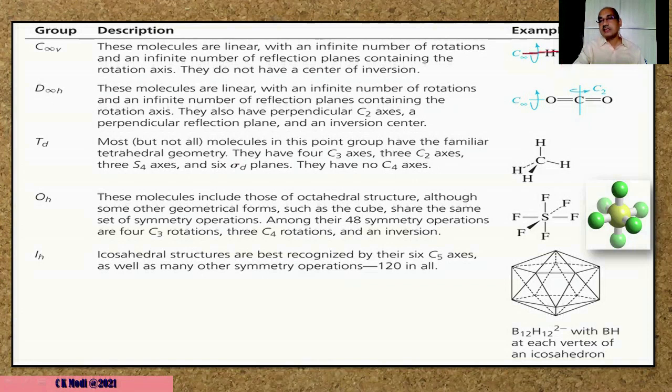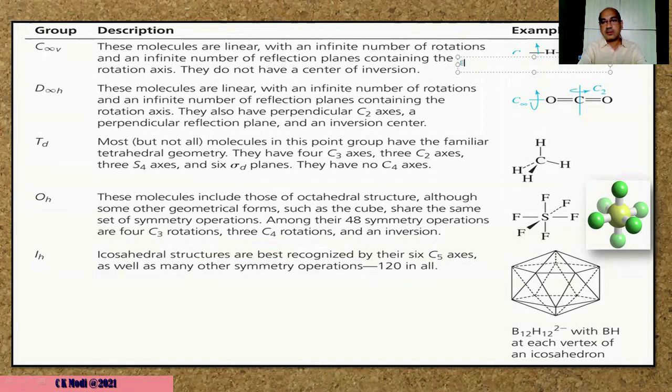If I pass sigma h, perpendicular to the rotation axis, we are not getting the mirror image. Here there is hydrogen, here there is chlorine. So we are not getting the mirror image. Therefore, sigma h is absent. So which symmetry elements are present?